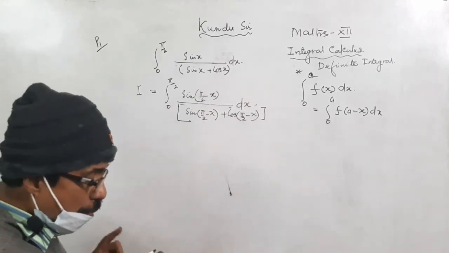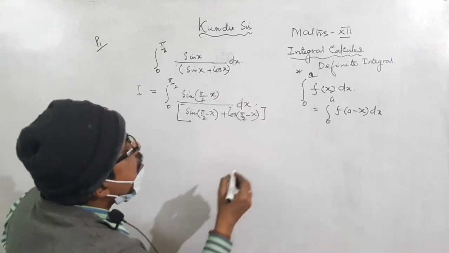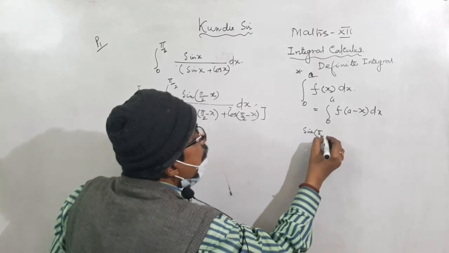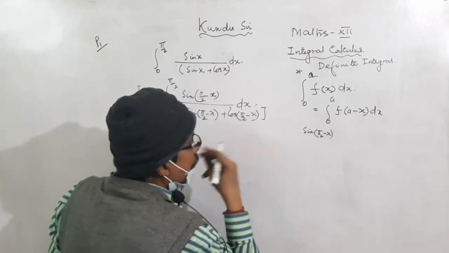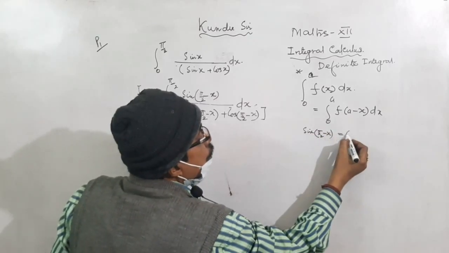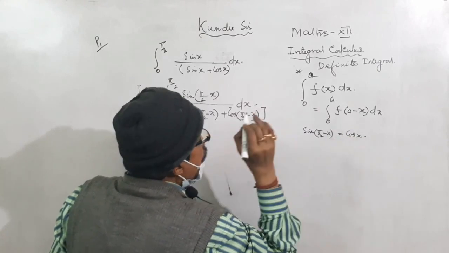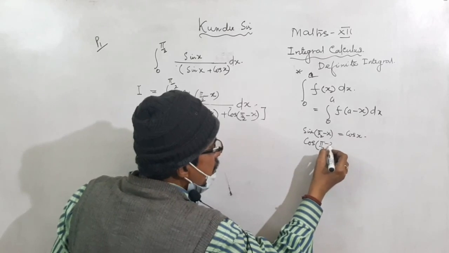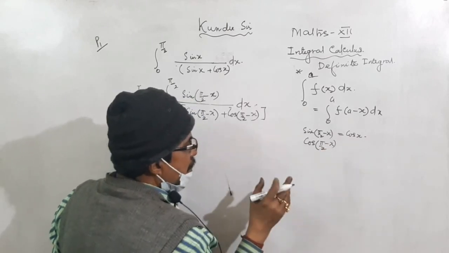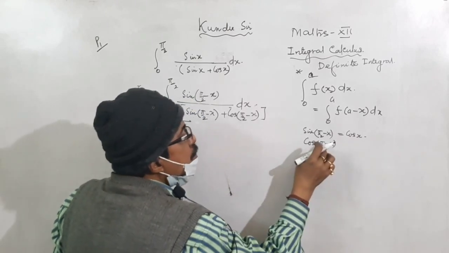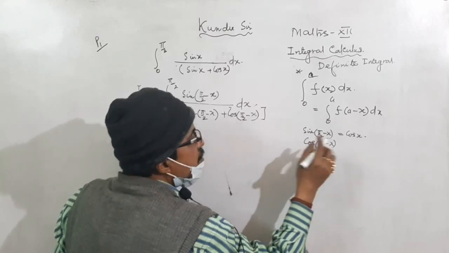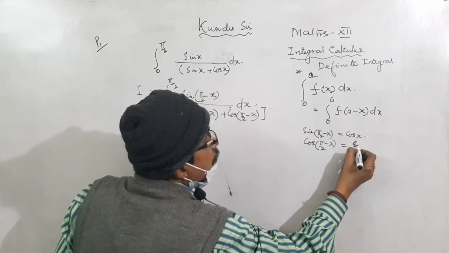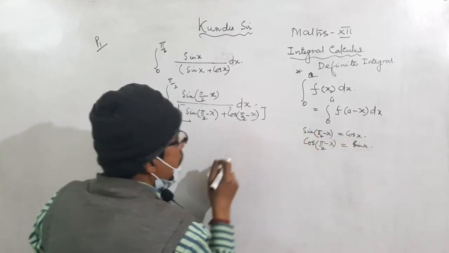Now we know sin(pi by 2 minus x), that is sin(90 minus x), equals cos x. And cos(pi by 2 minus x), in the first quadrant, 90 minus x, cos will be sin x.